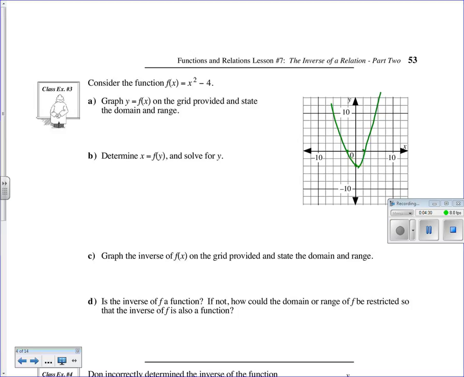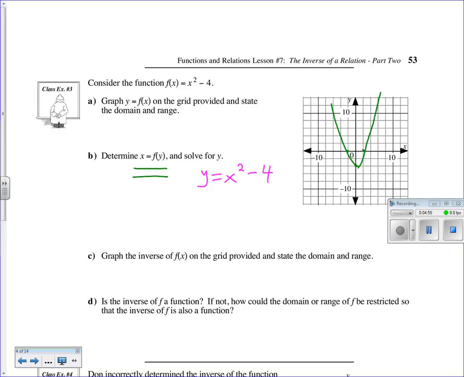Now I'm going to go through those same steps and try to find the inverse. You'll note how the inverse is communicated here. That's giving me some indication that the inverse is actually not a function. I'm going to take the equation and replace the f of x with y. So y equals x squared minus 4.